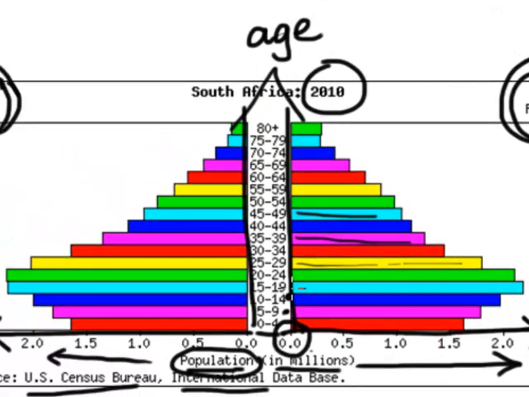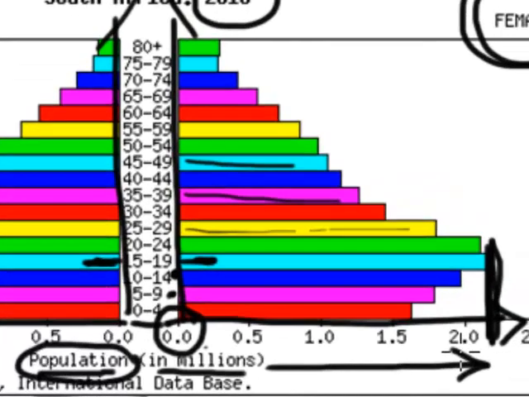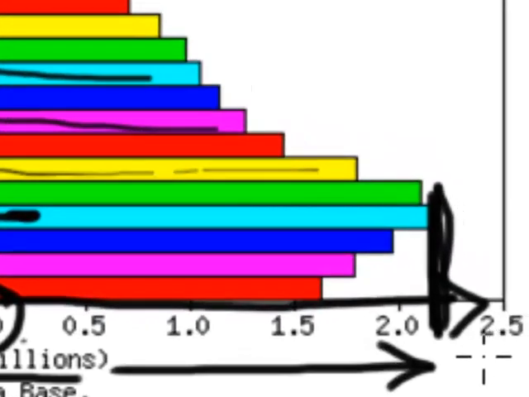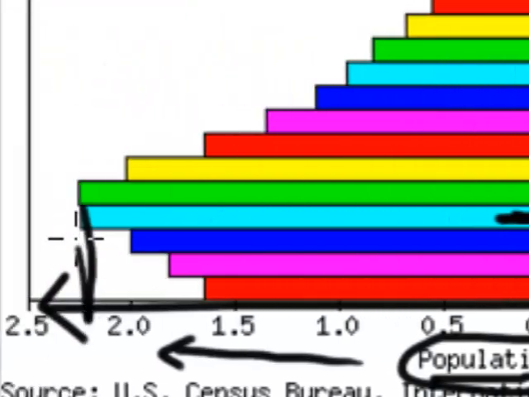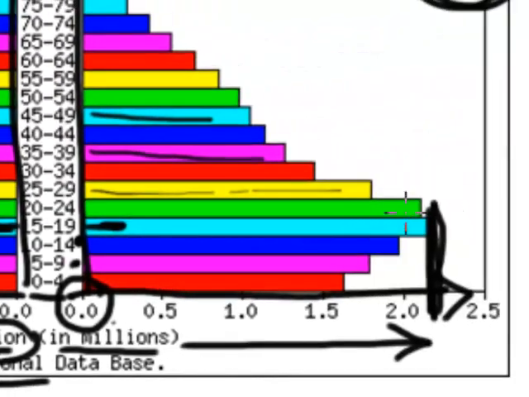Well, if we look at the 15 to 19 year age group, we can see that there are between 2 and 2.5 million females. There's slightly less males. We can see that there's slightly more males in the next age group than what there are females.